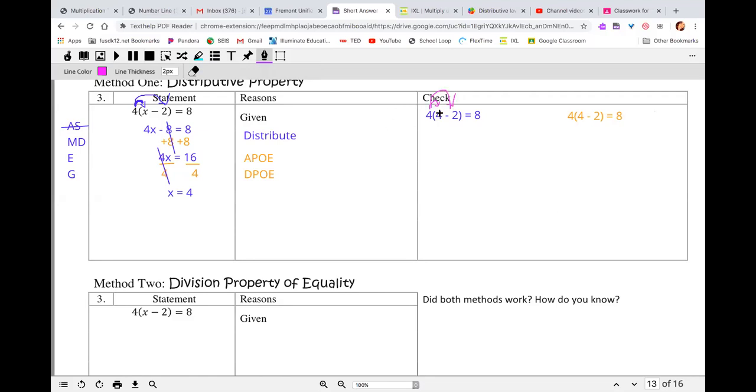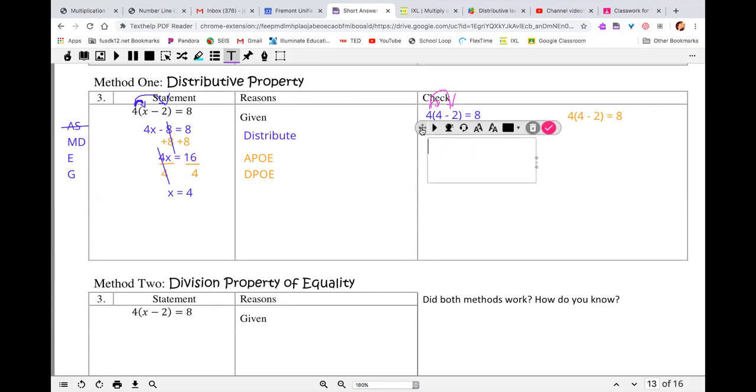So 4 times 4 is 16. Okay. And then 4 times 2 is 8. 8 equals 8.